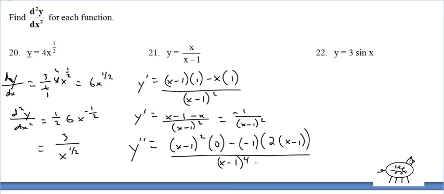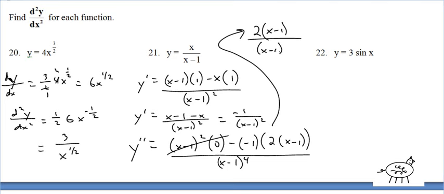So it's to the 4th power, right? I'm kind of running out of room here, so I'm just going to write it up here. And I wind up getting, of course, that cancels out and we have a positive value, so it's positive 2 times x minus 1 all over x minus 1 to the 4th. So don't you agree that cancels out and that becomes a 3? So I really have 2 over x minus 1 to the 3rd power.